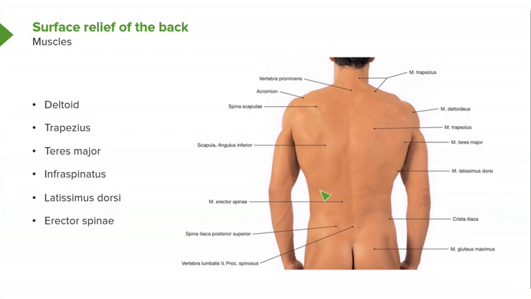And then we have an important contribution from the latissimus dorsi, and we can see here more laterally a more well-defined surface topography provided by the latissimus, and this bulge of muscle is provided by the latissimus as it narrows to attach to the humerus. Lastly, we have the erector spinae, and surface relief is shown in this area as well as to the right side of the body in through here.